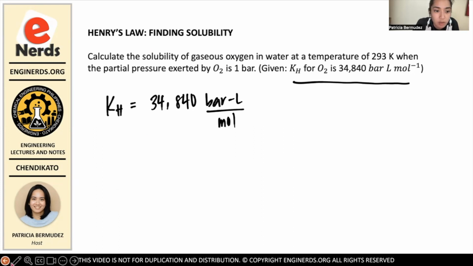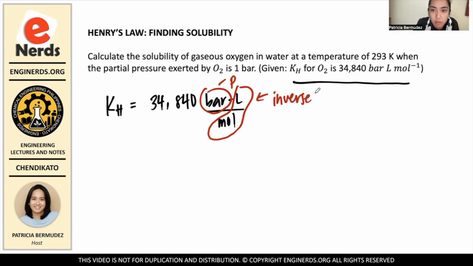Okay? So ito, we're gonna analyze the units. Itong bar, it is a unit of pressure, right? And ito, yung liter per mole, this is the inverse of mole per liter. So ano tong mole per liter? Concentration. And yung inverse, when C inverse, it is the reciprocal.